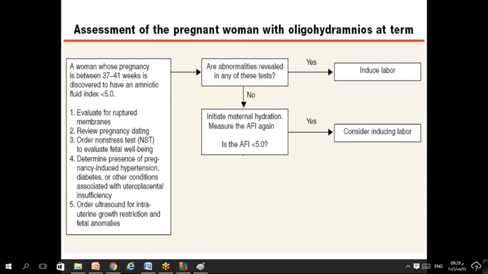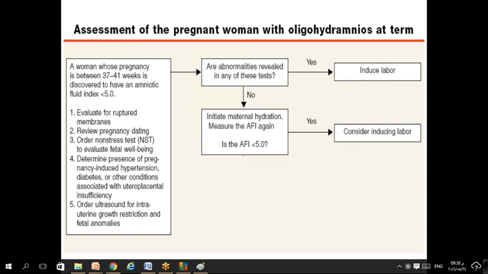Okay, not for cells, for fluid there is exchange. Okay, and yes, a non-stress test for fetal well-being in case of oligohydramnios. Fetal well-being. Yes. CTG. Okay.